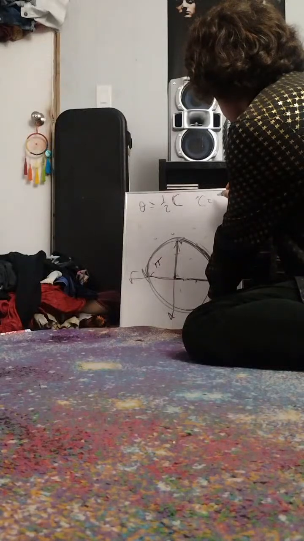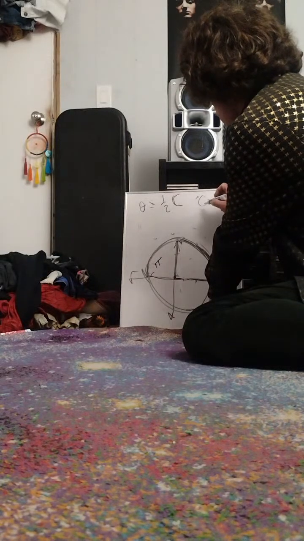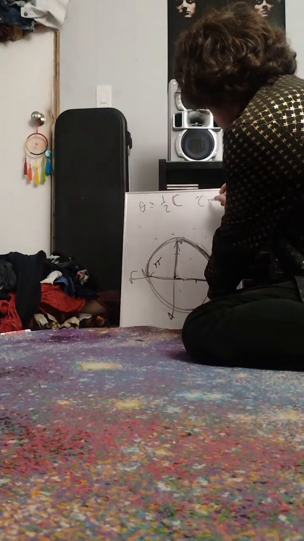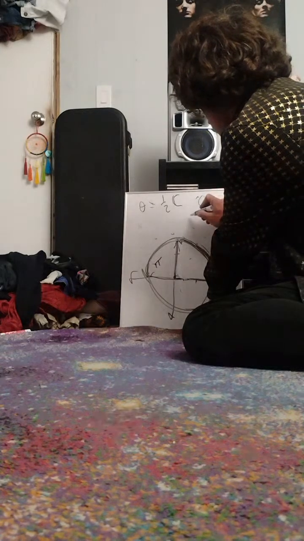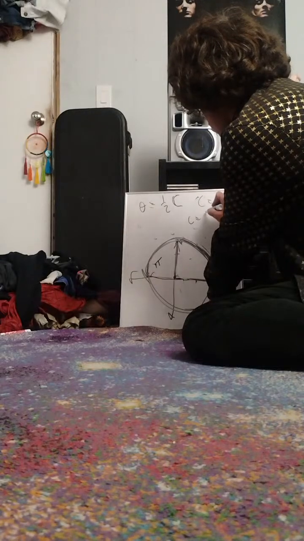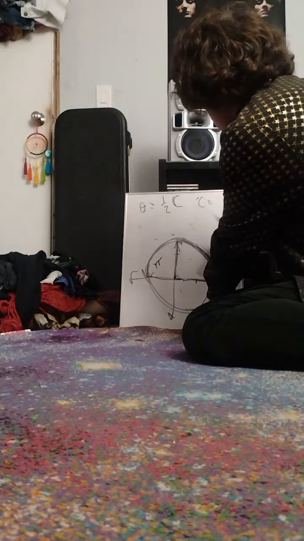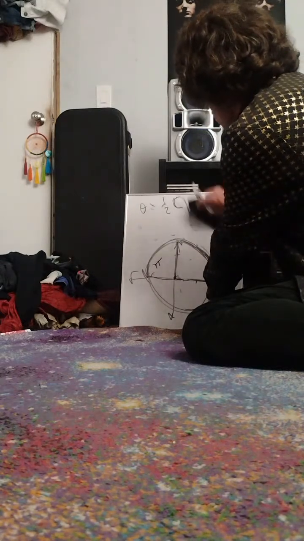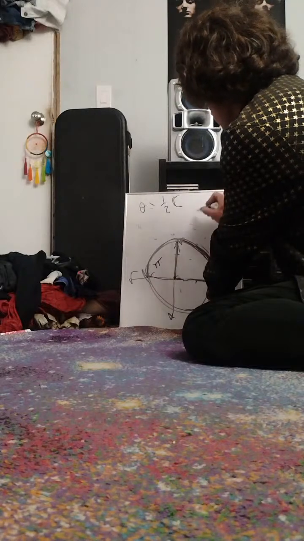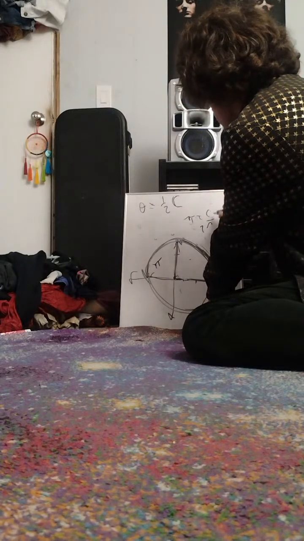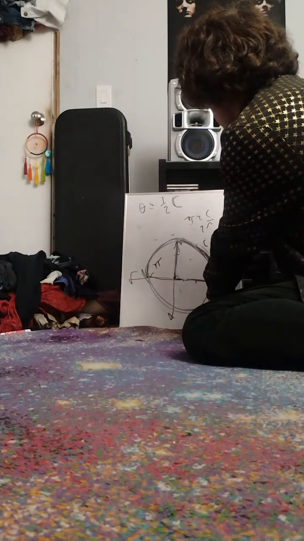Since pi equals c over 2r, then c equals 2r pi.